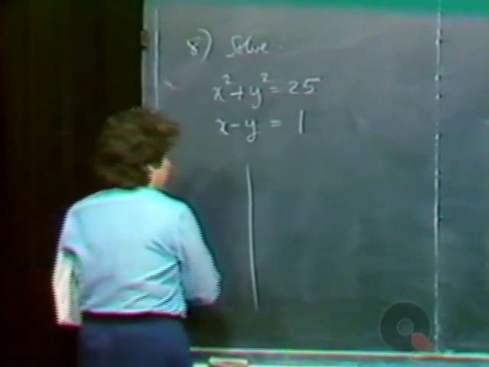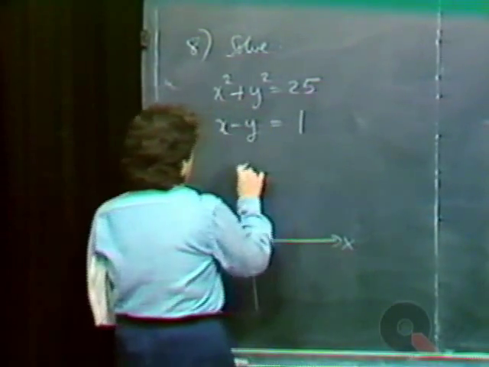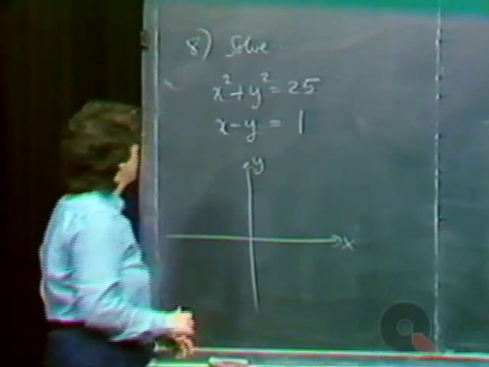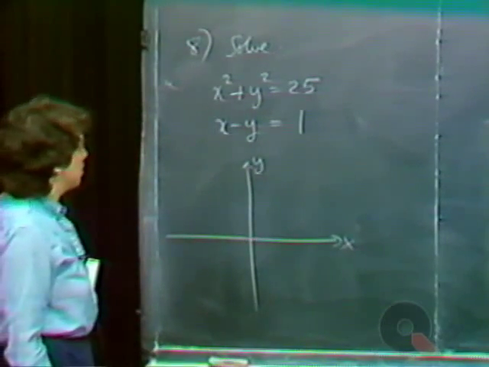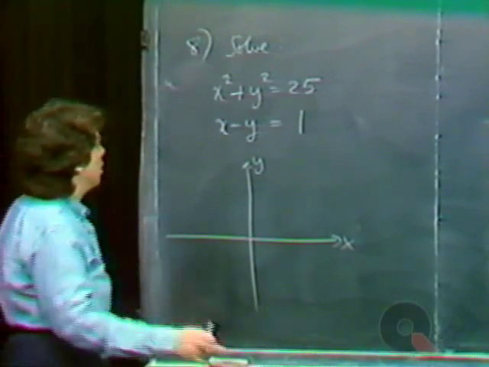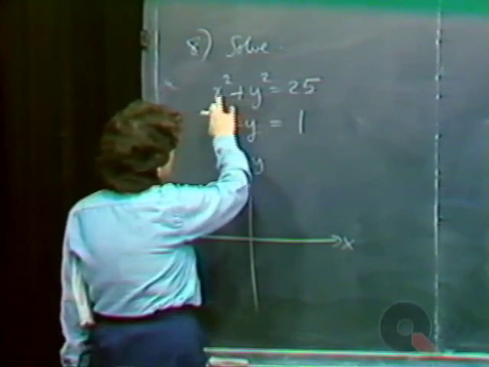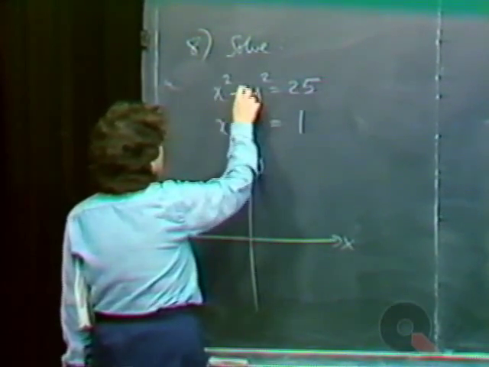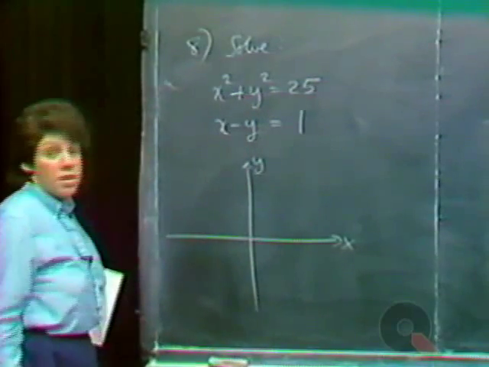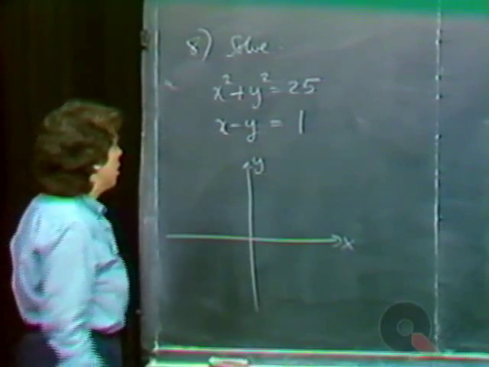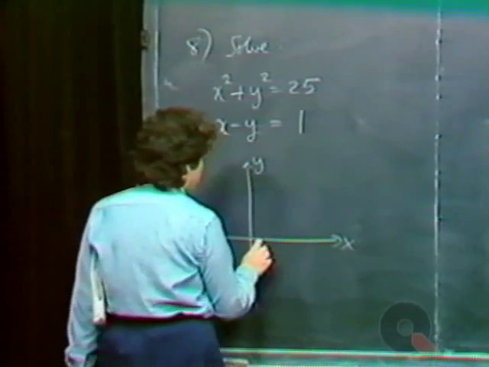Now, in the last videotape, we reviewed sketching curves of these types, and we know that x squared plus y squared equals 25, where x squared and y squared both appear and their coefficients are the same, is the equation of a circle. Center at the origin, radius 5.